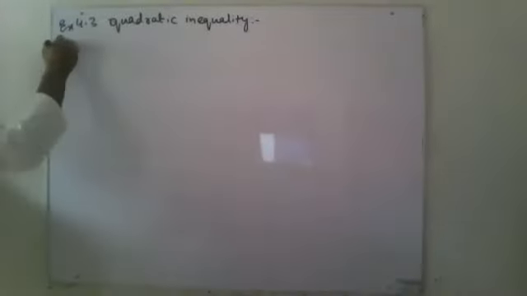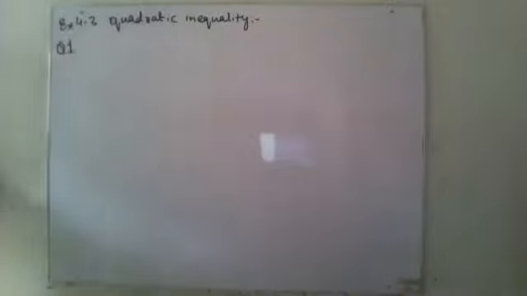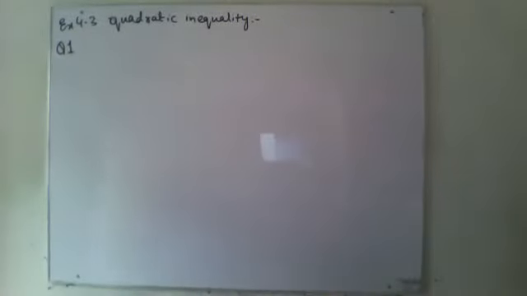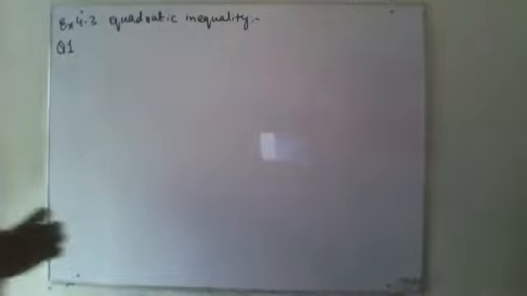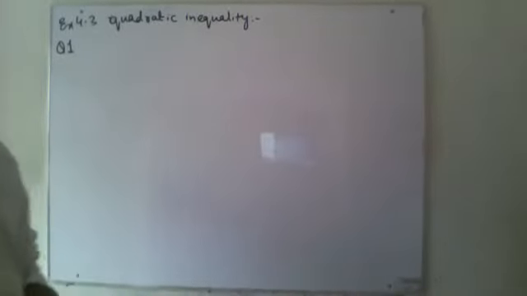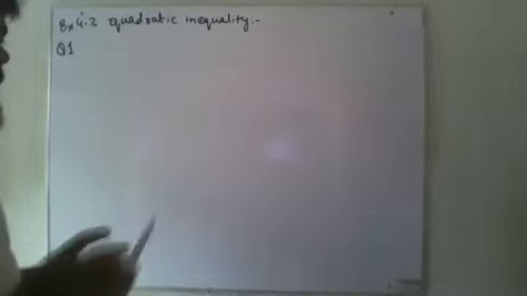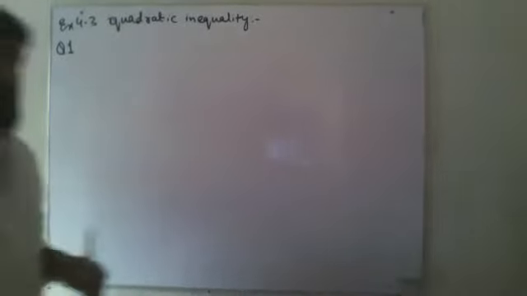Starting with question number 1 of exercise 4.3, and the question says find the solution set of following quadratic inequalities. Over here they are giving us quadratic inequalities, right? So we know that I have to make a curve and get my result.